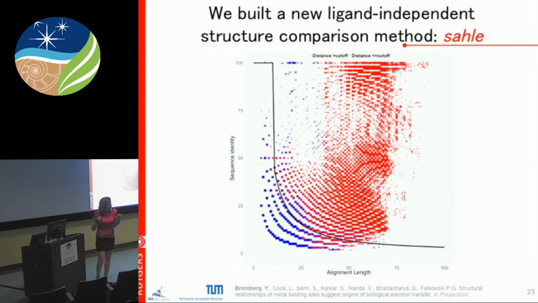And now I no longer need a ligand. All I need is a structural alignment. Is that clear? Cool, because this is the key point here.